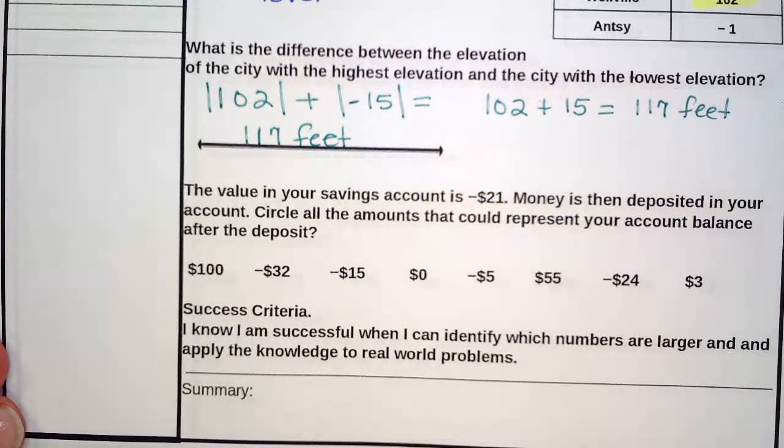Okay. The value in your savings account is negative $21. You then deposit money into your savings account. Circle all the amounts that could represent your account balance after the deposit. Okay, do we know how much is put in? No. Then how are we going to solve this?